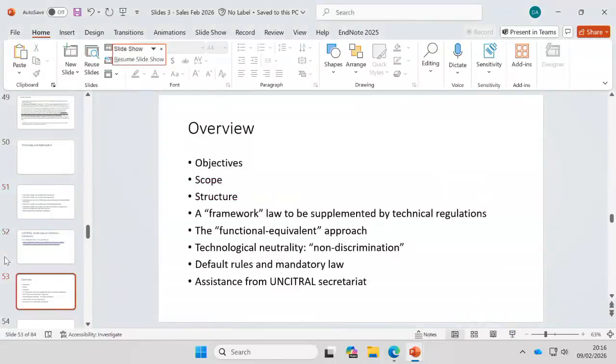So, structure, objective, scope, and essentially a framework to be supplemented by technical regulations. The idea is a term that you will very frequently hear, which is technological neutrality.